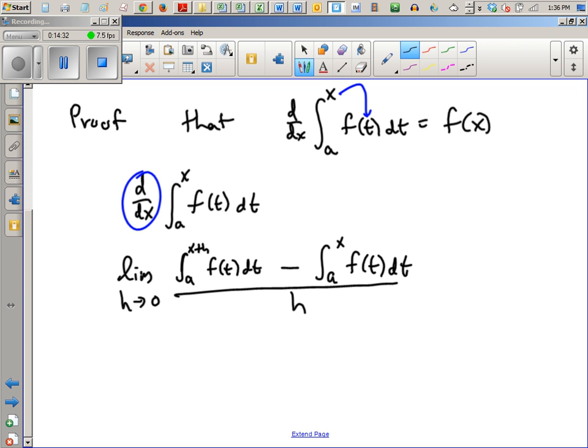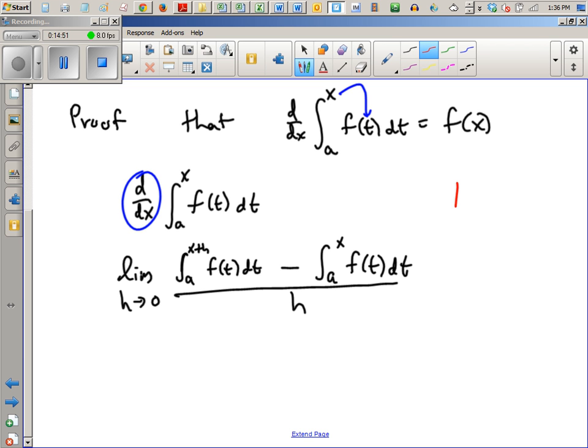I just did the definition of derivative. You should write this down, please. Okay, so this is F of x plus h. This is my function, see? So I just put an x plus h here. Minus F of x, all over h, just definition of derivative.